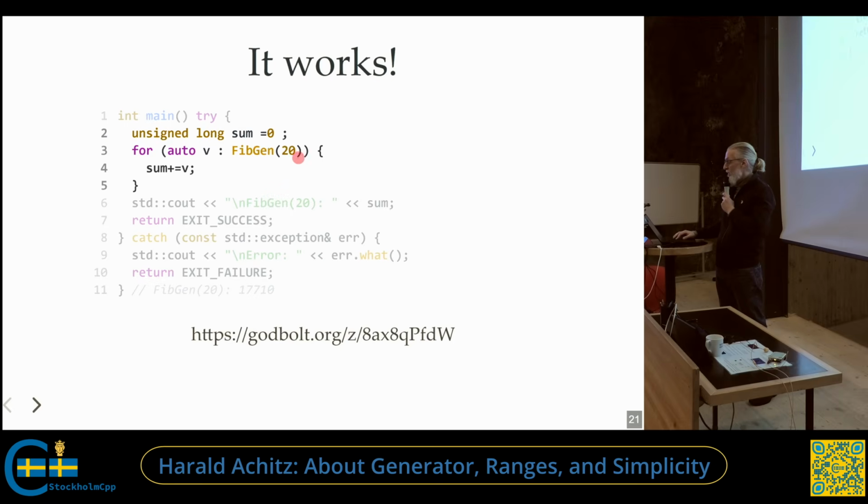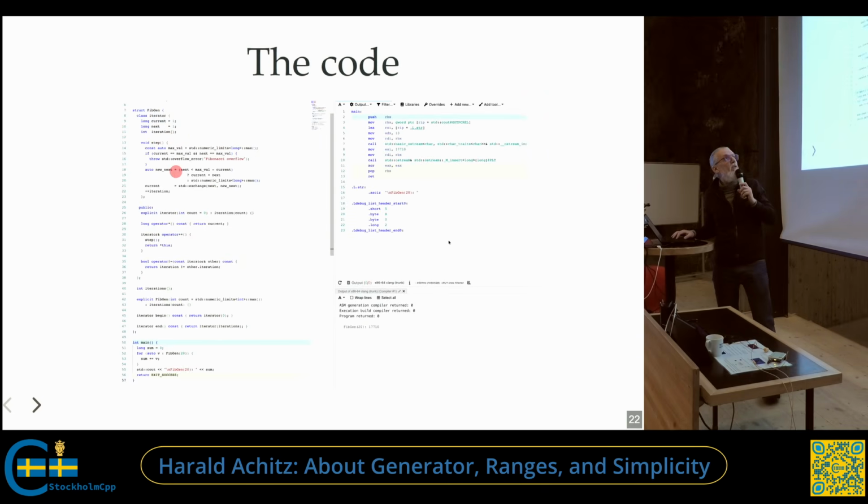We can go through this code, and for this example, I sum the values, because it reduces a little bit of noise when we look at this, and you don't need to be able to read all the details here. Just to highlight the point, it's about 40 lines of code with the iterator interface and the generator.